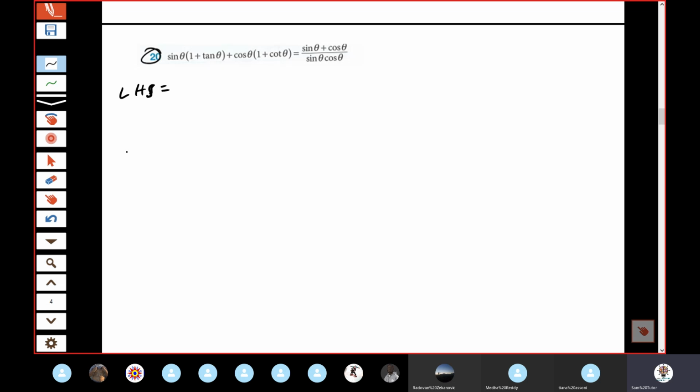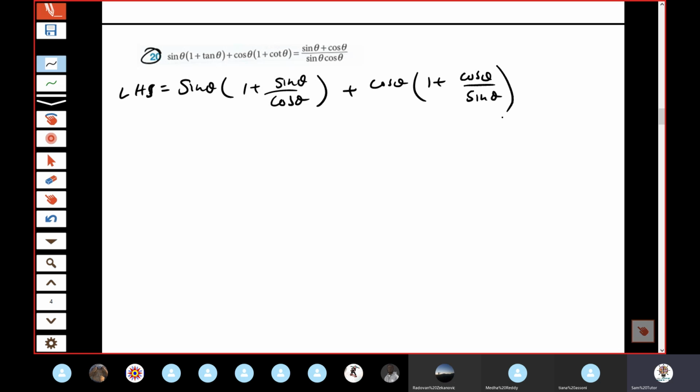All right, left hand side equals sine theta, 1 plus sine cos, plus cos, 1 plus cos and sine, equals sine theta cos theta plus sine theta on cos theta plus cos theta, common denominators.